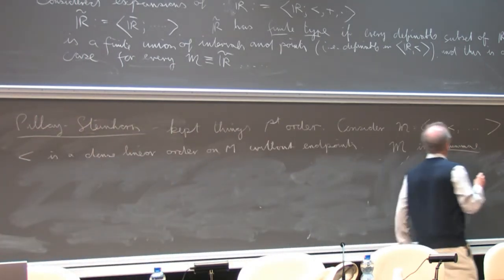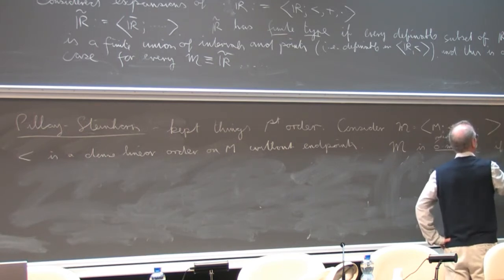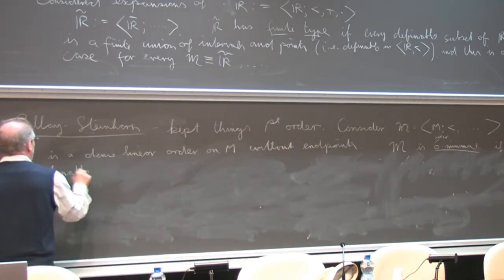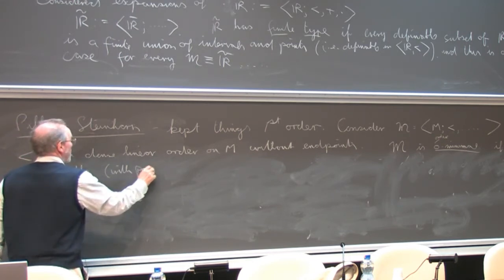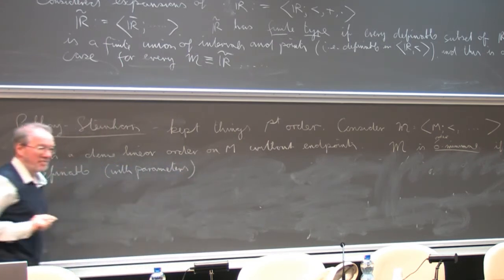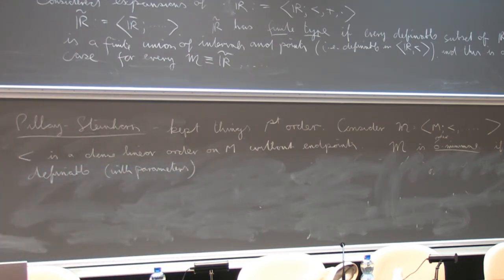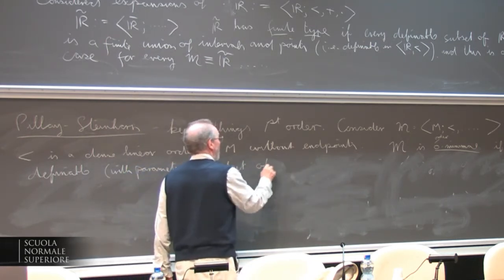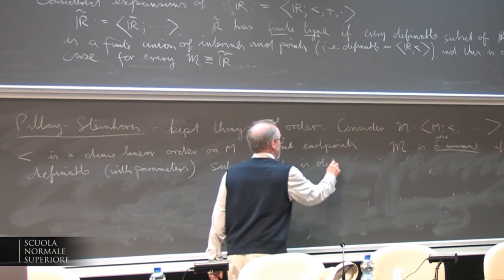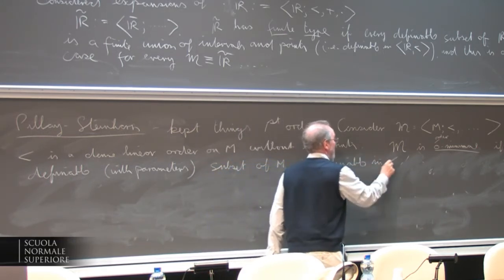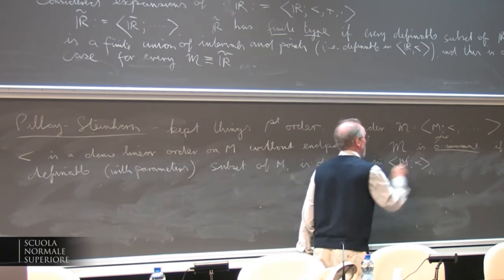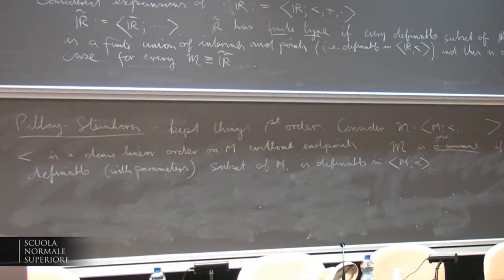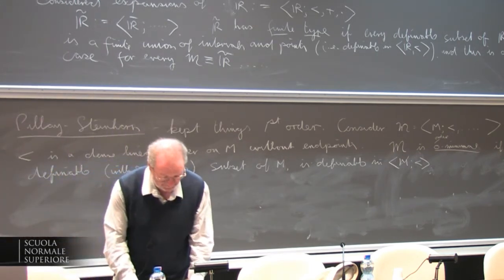So M is o-minimal if every subset definable with parameters, and this is the tricky point, this is why it's not immediately a property of the theory, just a property of one structure, in the language of M, is already definable in just the structure with the ordering. So that's why it's called order minimal. In other words, it's a finite union of singletons and open intervals, possibly half-infinite intervals.